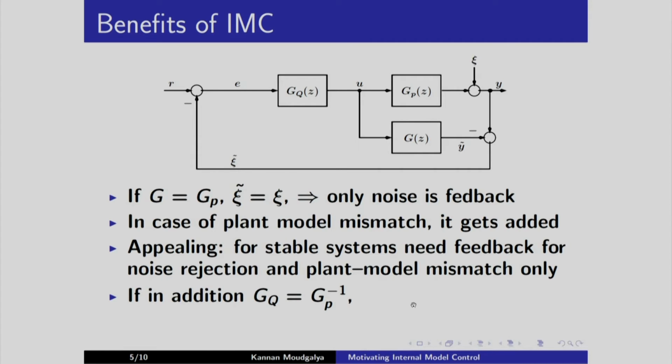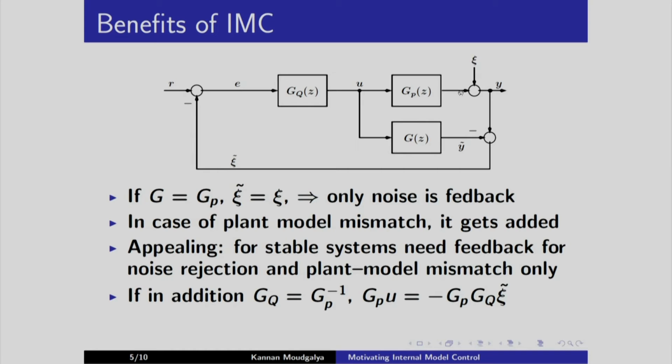If in addition GQ equals GP inverse, then GPU, that is the point here, you can see it is equal to what we get from here. Let us assume that R is equal to 0 here, so it is nothing but GQ into GP times C tilde, so that is what we have.